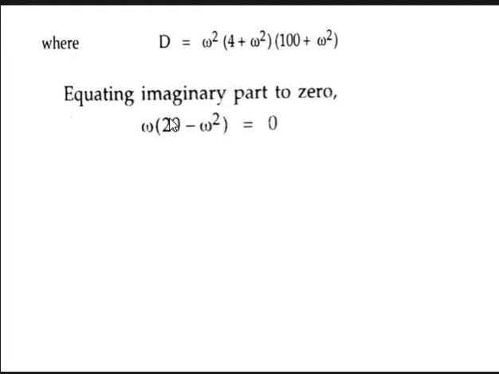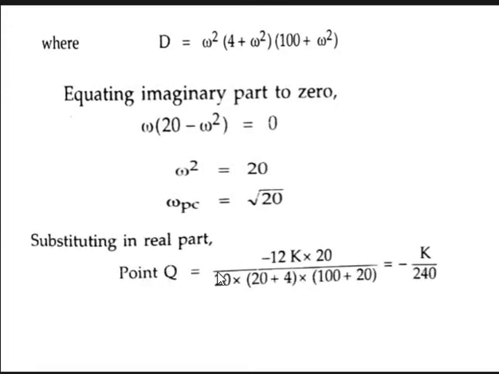Equating the imaginary part to 0, omega into 20 minus omega square is equal to 0, therefore omega square is equal to 20. Therefore the phase crossover frequency omega pc is equal to root 20. Substituting in the real part, the point Q is equal to minus 12K by 20 divided by 20 into 20 plus 4 into 100 plus 20, that is equal to minus K by 240.